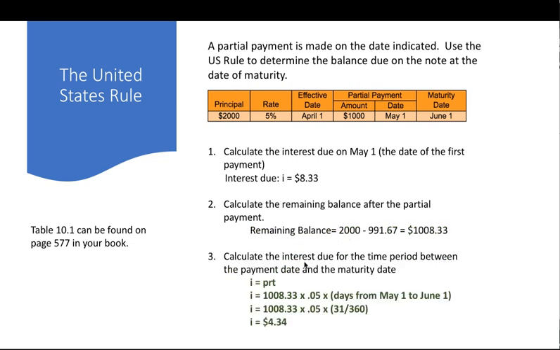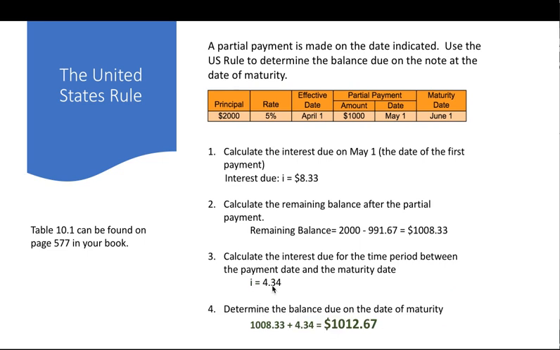So we're going to calculate the interest due for the time period between the payment date and the maturity date, which is May 1st to June 1st. You can use the chart on page 577 to see the number of days is 31. Back into interest equals principal times rate times time, and I now owe $4.34 in interest for the date from May 1st to June 1st.